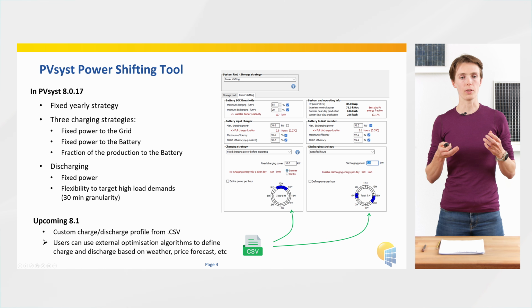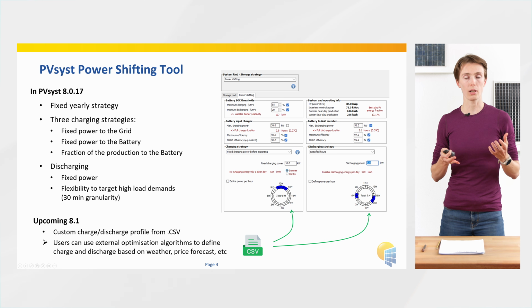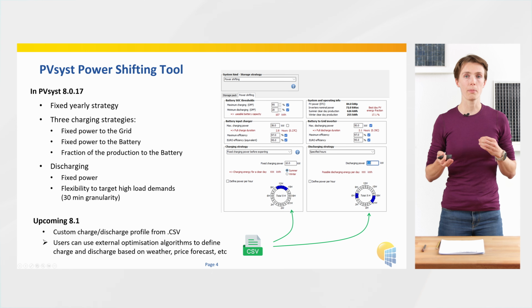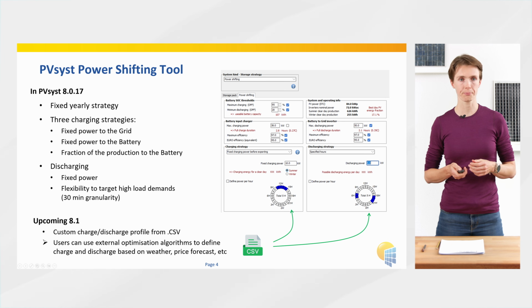That's a really interesting option since it allows you to use an external algorithm to optimize the way you want to operate your battery based on whatever data you want, such as weather forecast or price forecast.